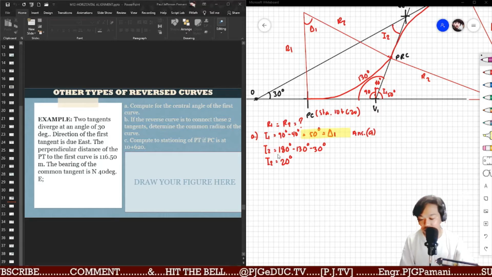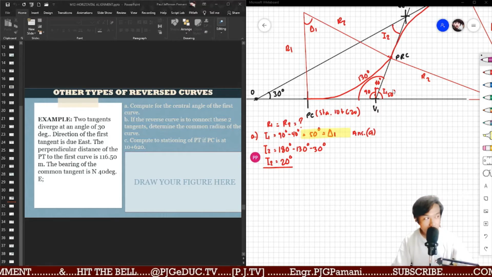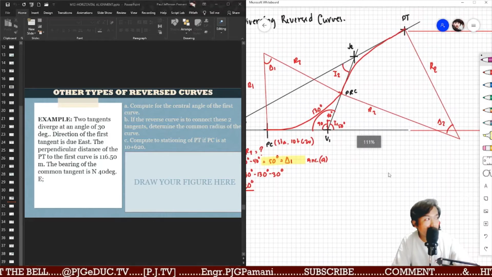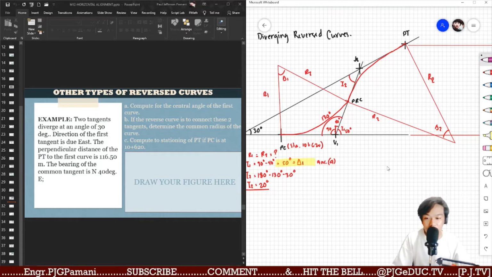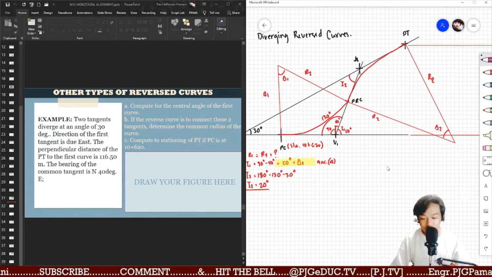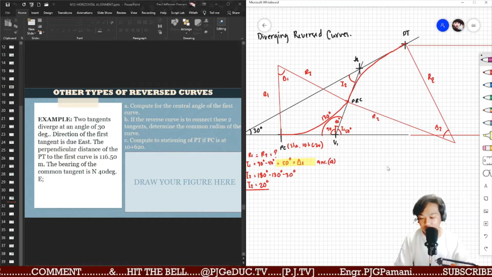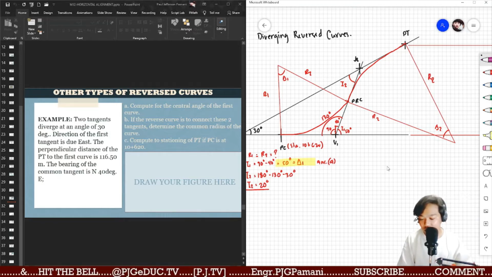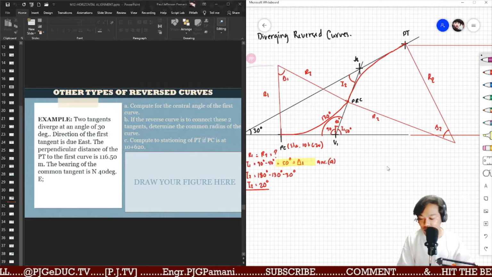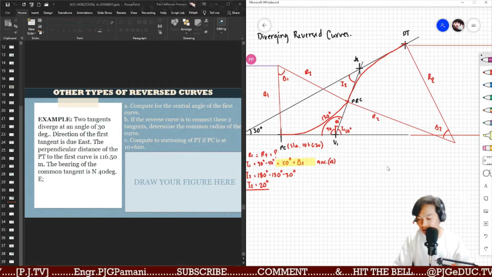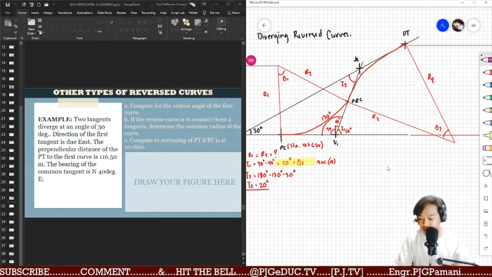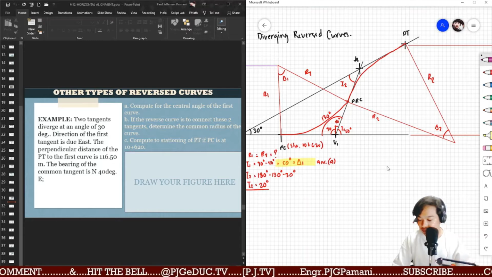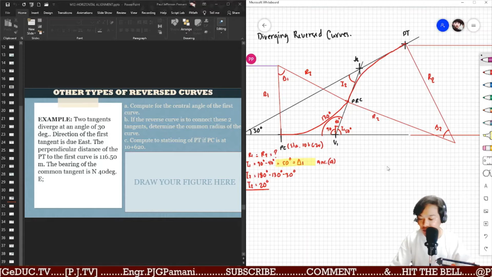Okay? So kung 20 degrees yan, gawa tayo ng simple arithmetic, trigonometric figures dito for us to solve for the common radius. So kung common radius, most likely, ito yung ating R1 for the common radius.